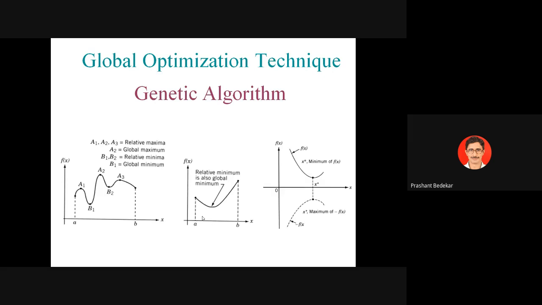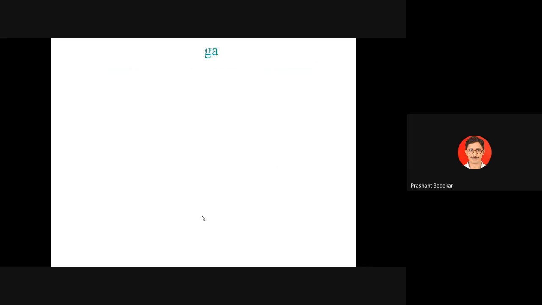As I said, I am not going into the details of how genetic algorithm works. I'll be taking the tool which can be used for solving our constrained nonlinear problem using genetic algorithm. The function is GA, small g, small a.